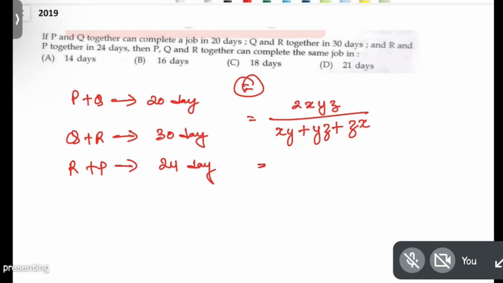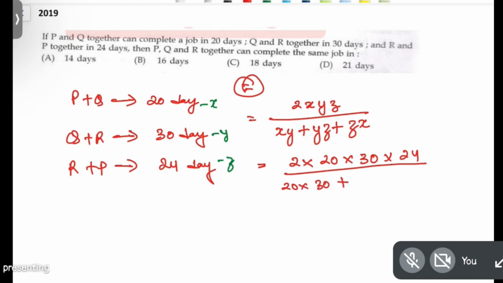As of now, I'll just try and show you, and I'll go by the basic approach as well. Now 2 times of, I'll assume this one is x, this one is y, and this one is z. That's what I'll do. 2 into x into y into z is nothing but xy plus, next is yz plus, next is zx, right?